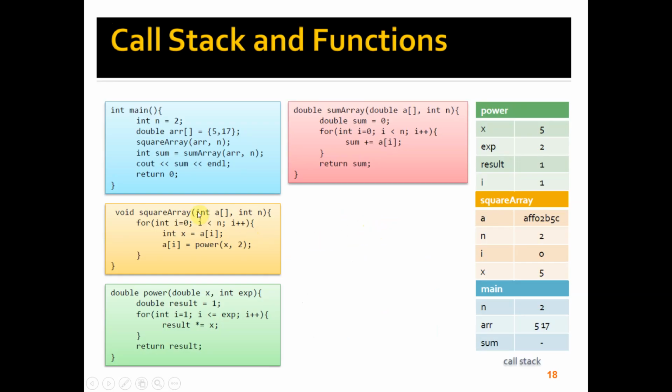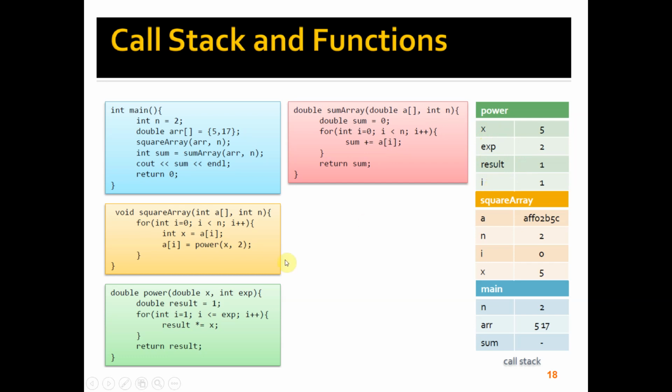And the same thing happens with square array. Square array is going to call the power function, so the power function would have its own memory space or stack frame, with all of these local variables and parameters.